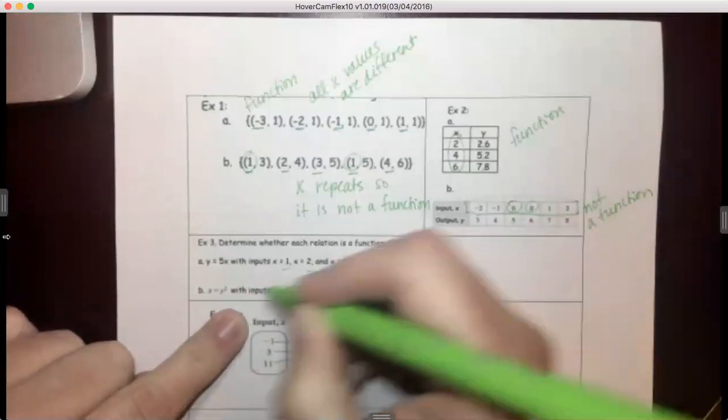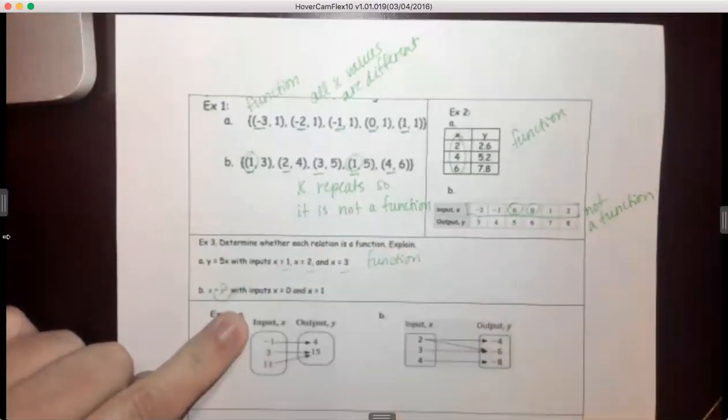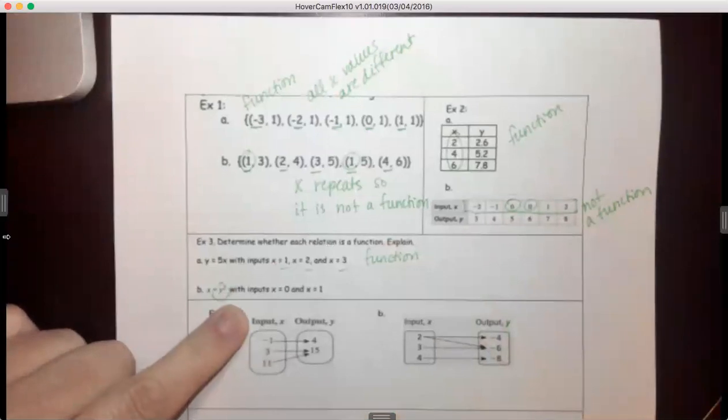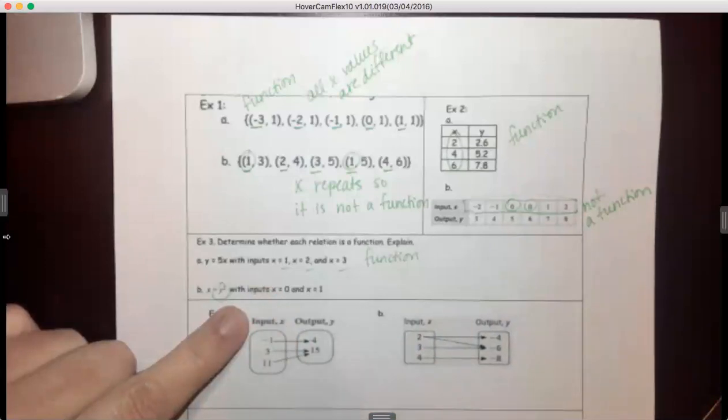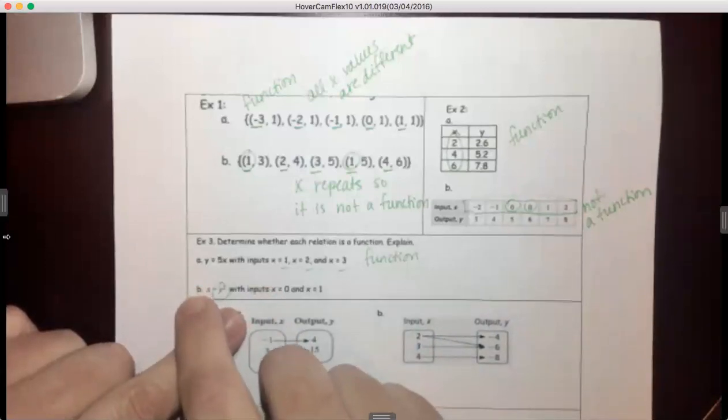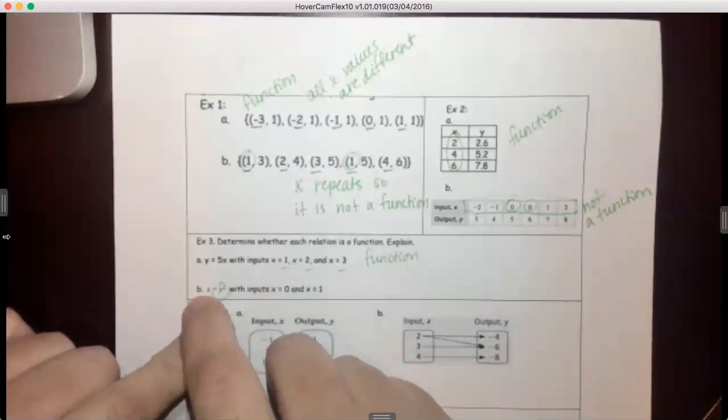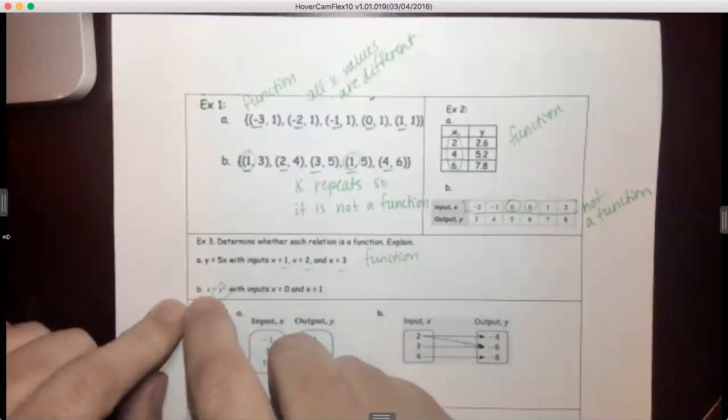Now on the other page, we saw that there were no y squareds. If you solve this for y and put it into a calculator, it would pass the vertical line test only because it doesn't go below 0. However, our hard and fast rule is no y squareds, because if we had 9 as the y squared, we would take the square root of it and we would get two different x's.